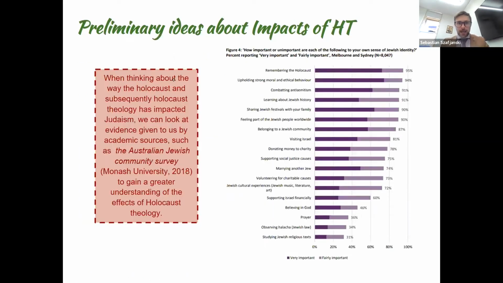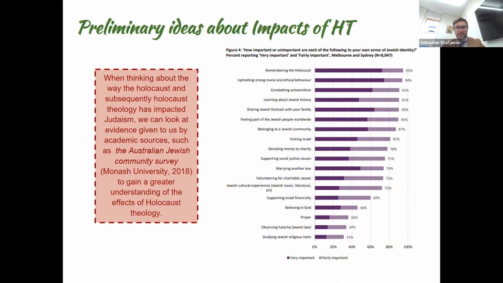What we want to look at now is preliminary ideas about the impact. So now we're looking at impacts. This second syllabus dot point, looking at the effects really. And when thinking about the Holocaust and subsequently Holocaust theology and how it's impacted Judaism, what we need to look at is the evidence given to us by academic sources.